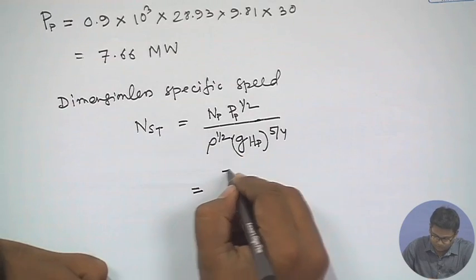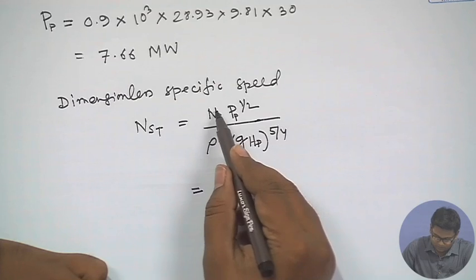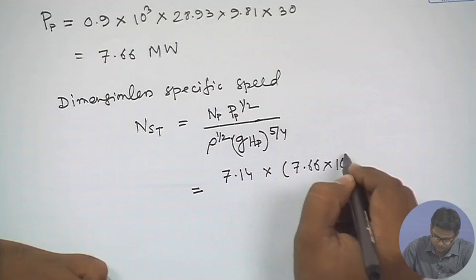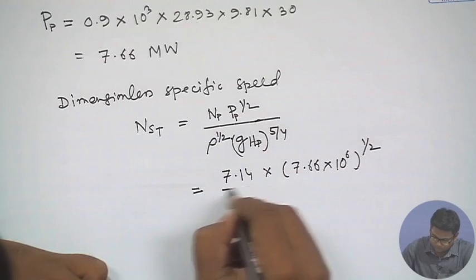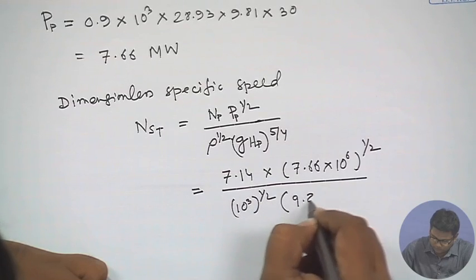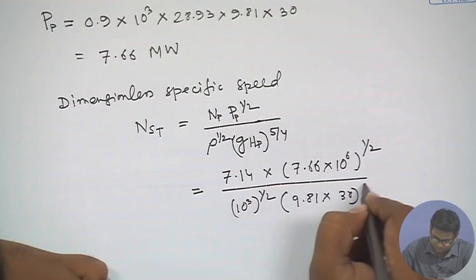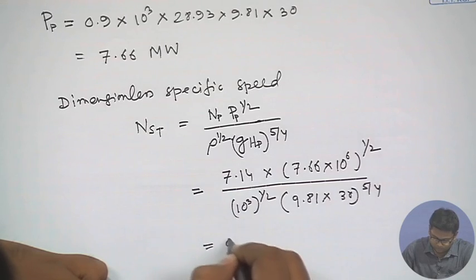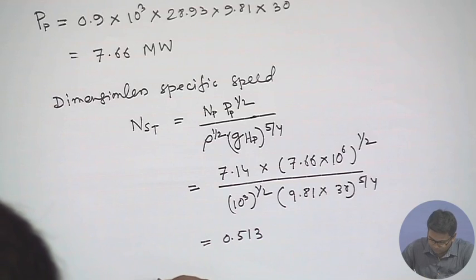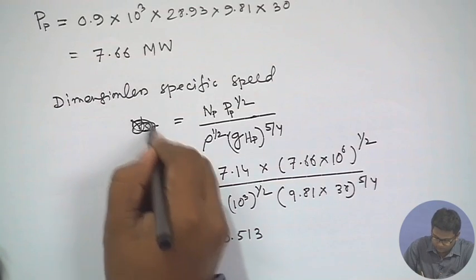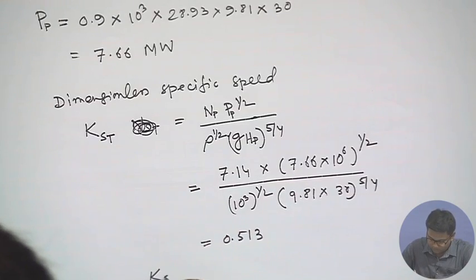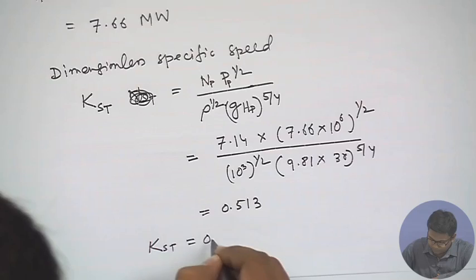Now substituting different quantities: Np is 7.14, power is 7.66 times 10 to the power 6 whole to the power 1 by 2, rho is 10 cubed to the power half, g is 9.81, Hp is 30 over 5 by 4. This will be obtained as 0.513. The symbol for this will be more appropriately Kst.